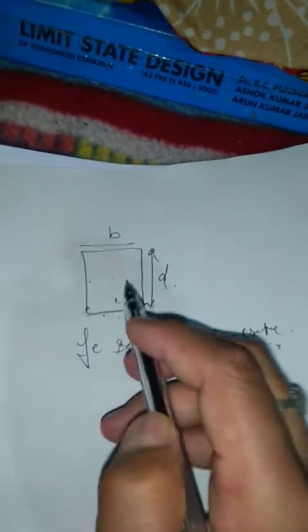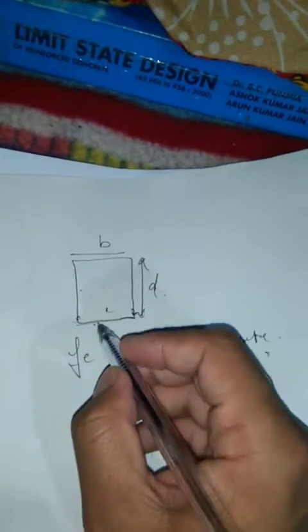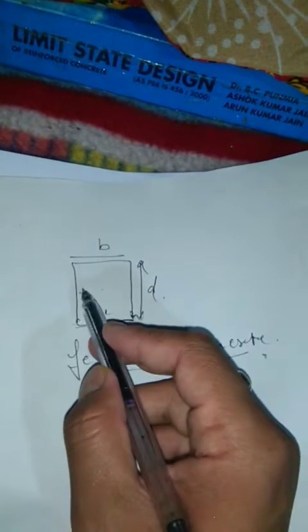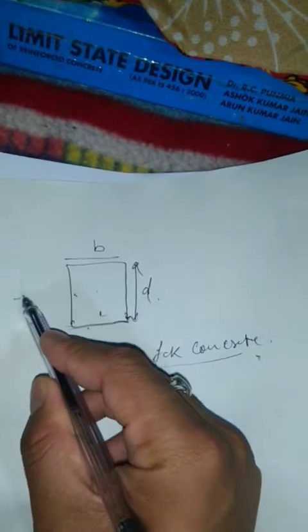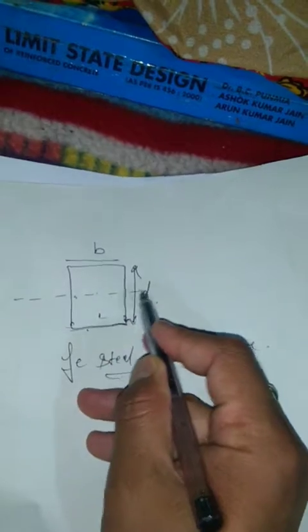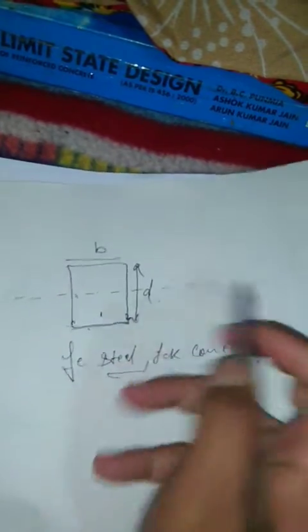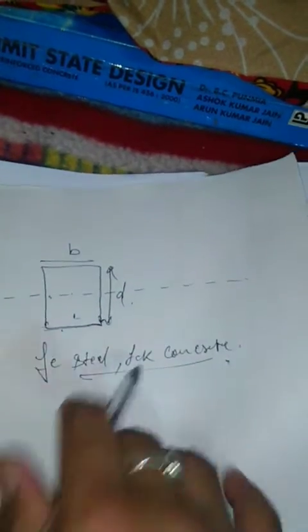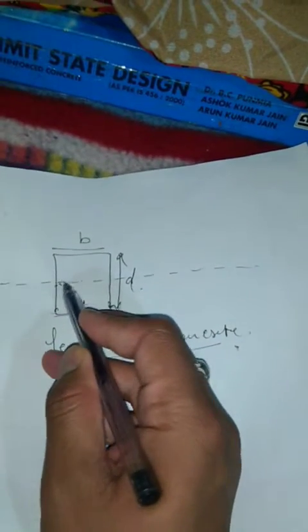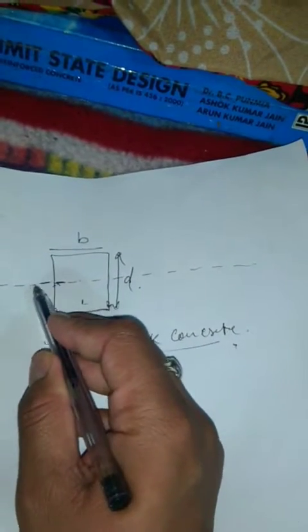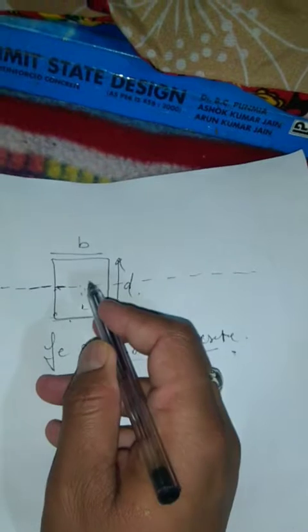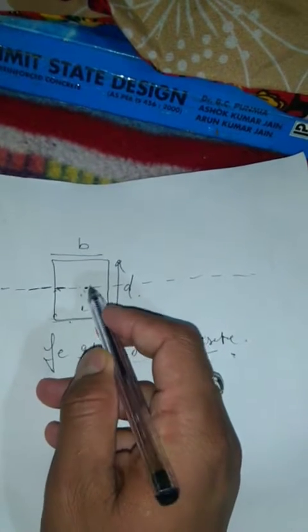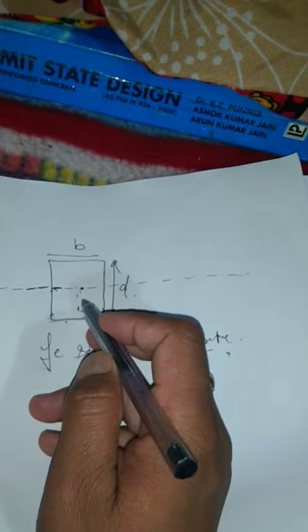Okay, so limiting moment is the moment which is given by the section when its neutral axis lies at the center, just at the center of gravity of the section. This is the standard value, that is limiting moment of resistance.